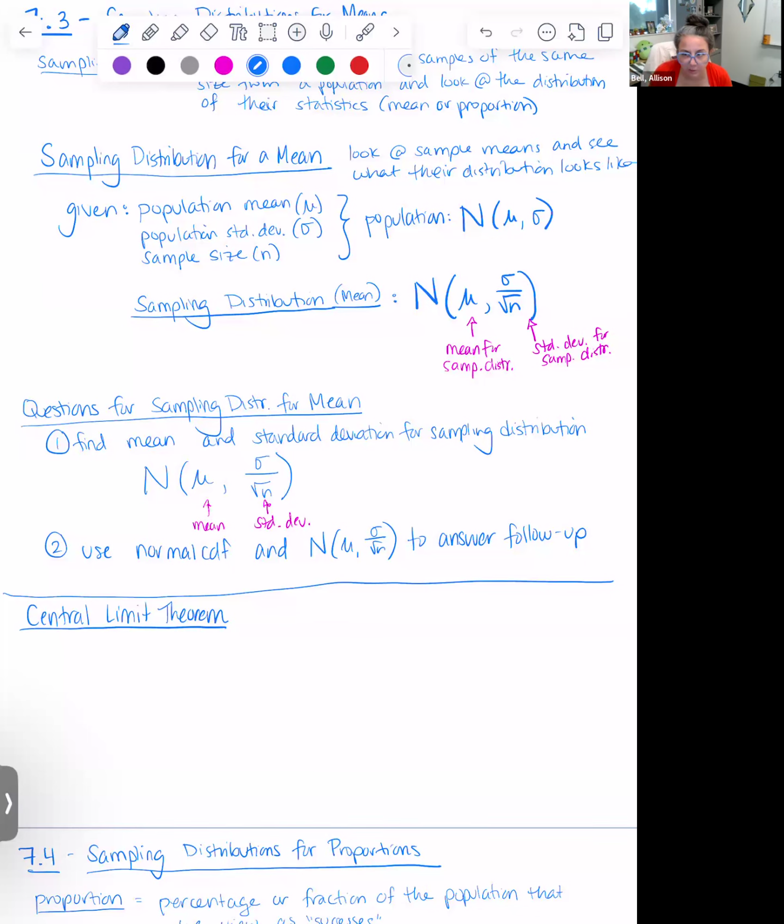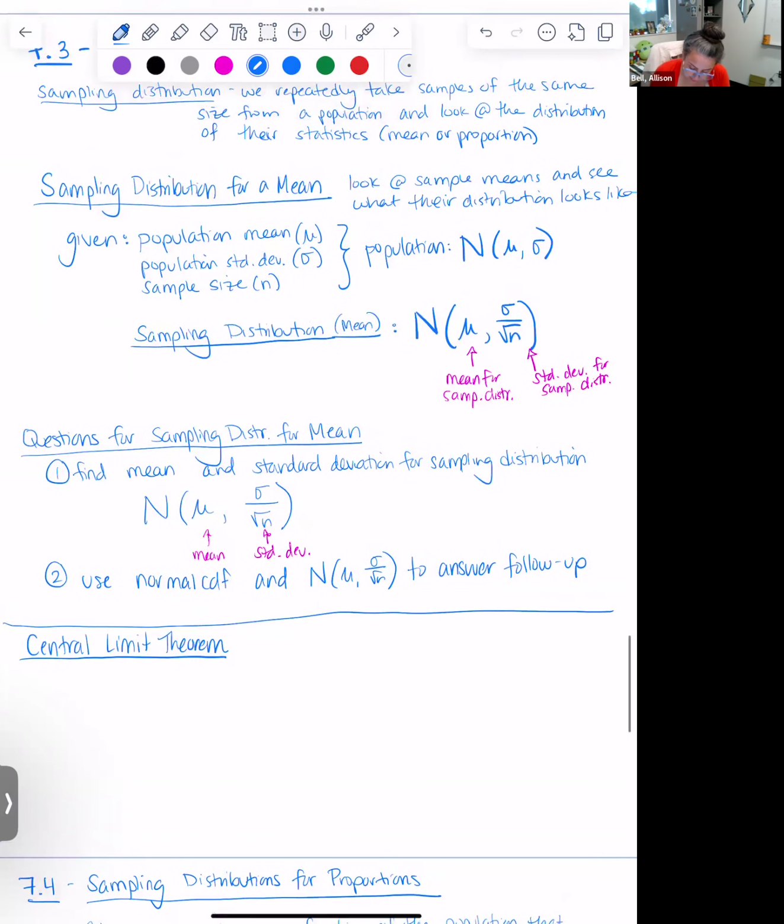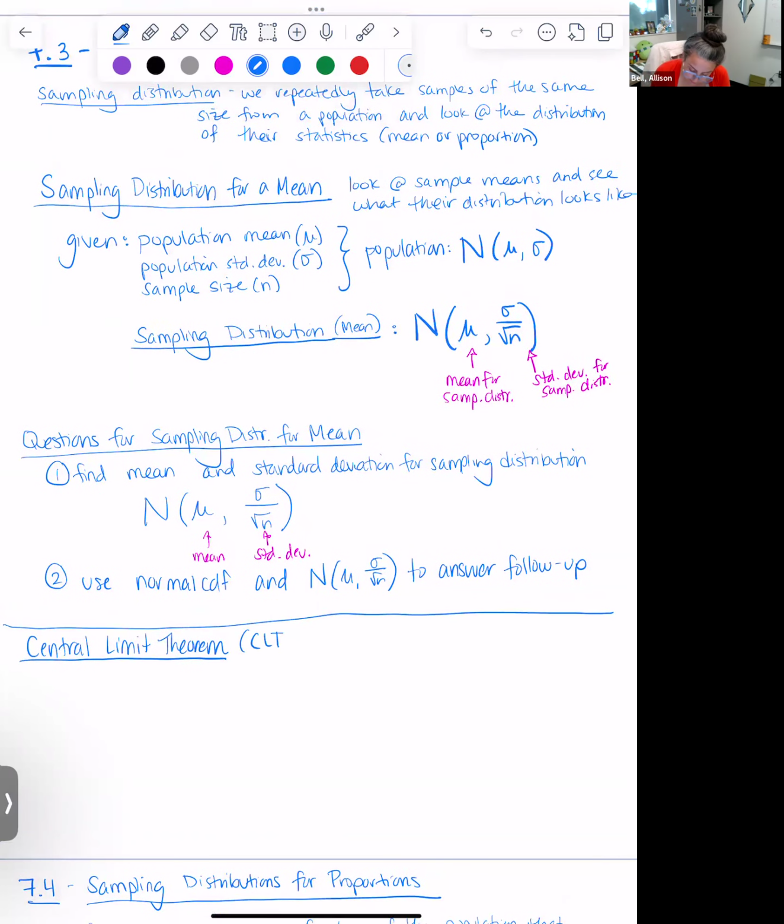What does the central limit theorem say? The central limit theorem says that, well, it really has two parts, but it's talking about the original data from the population. So there's really two parts to the central limit theorem, which we abbreviate as the CLT.